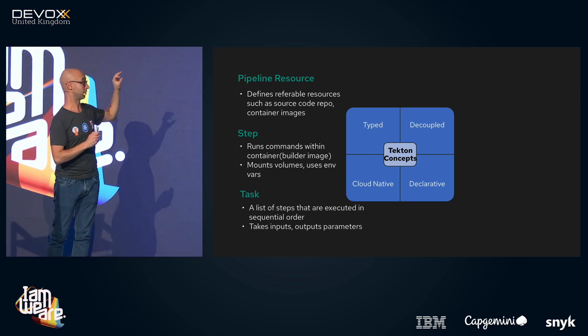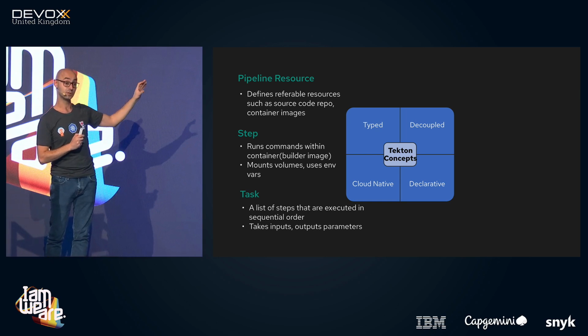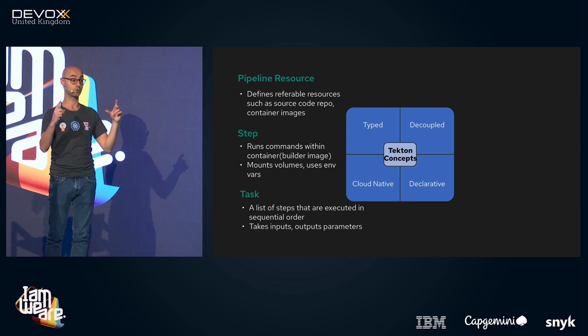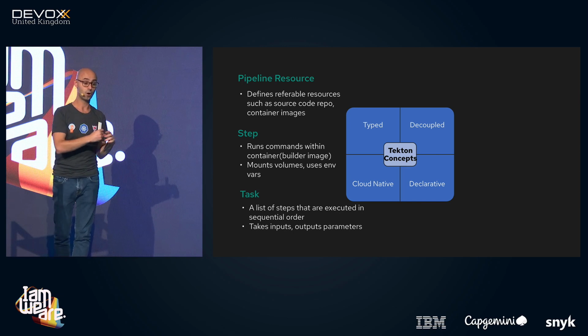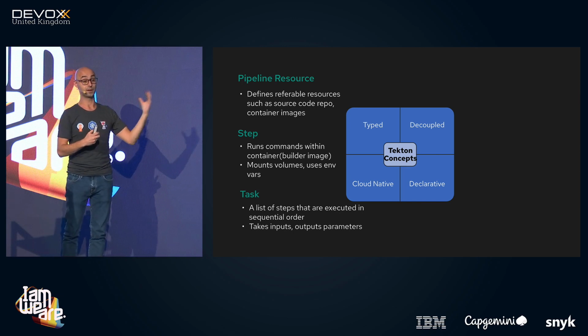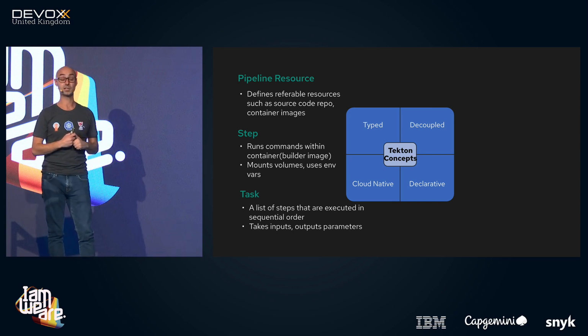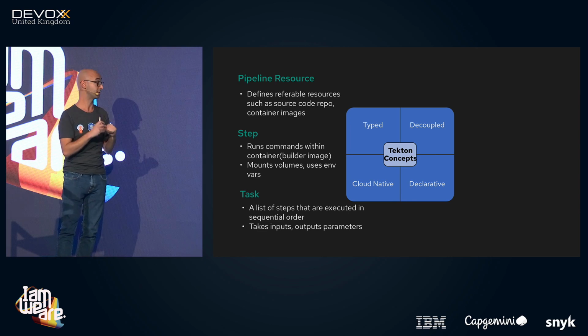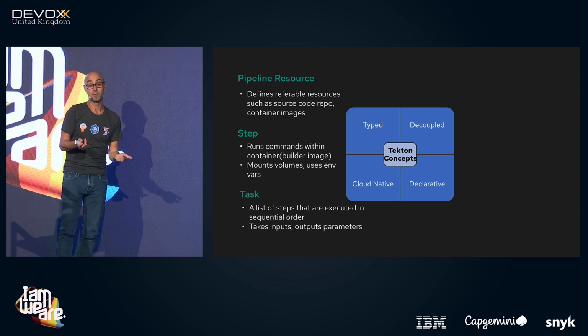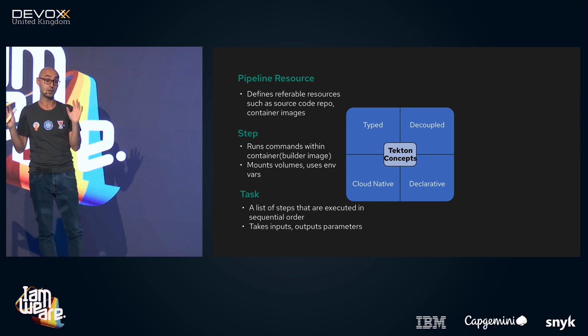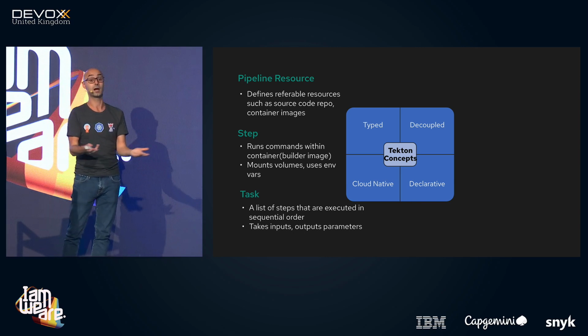So when you run a step in Tekton, you are booting up a container and running all the commands that you've defined inside. And since it's a container that is running inside Kubernetes, you can mount volumes, use environment variables, inject secrets, and so on. So everything that is valid in a container in the Kubernetes world is also available as a step.